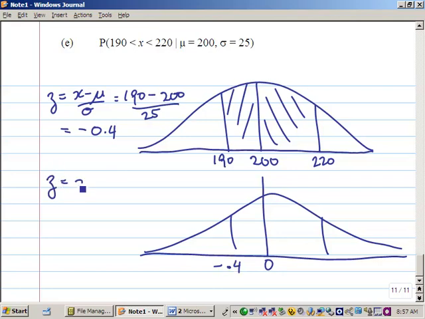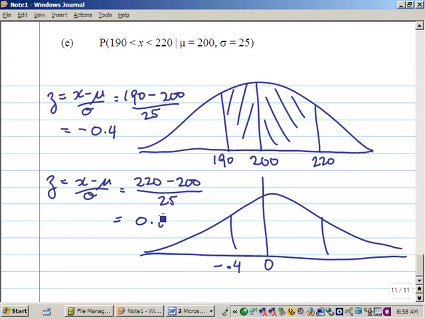And then the other limit, x minus mu on sigma, upper limit 220, mean 200 divided by standard deviation 25. And since that's twice as far away, but on the positive side, let's see if I'm guessing right, that's 0.8. And let me do my calculations off camera. Alright, and that's correct. So we're looking for a probability on the z between minus 0.4 and plus 0.8.